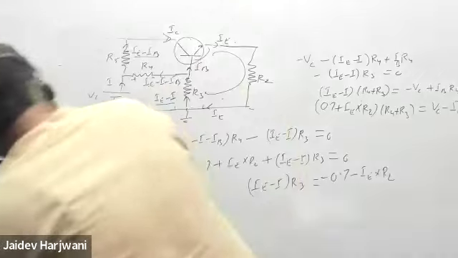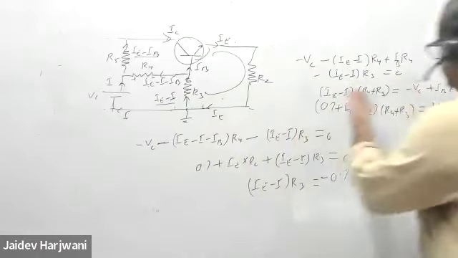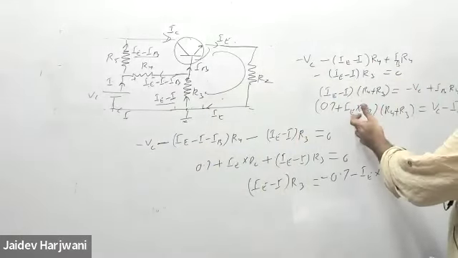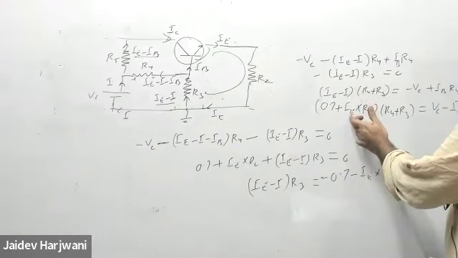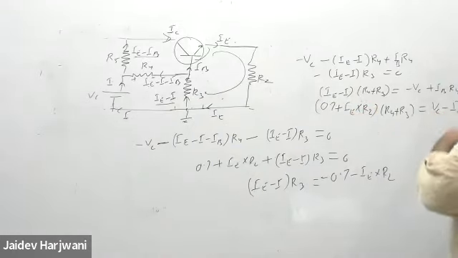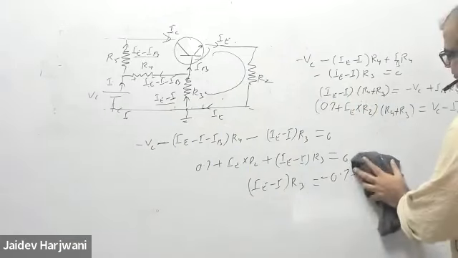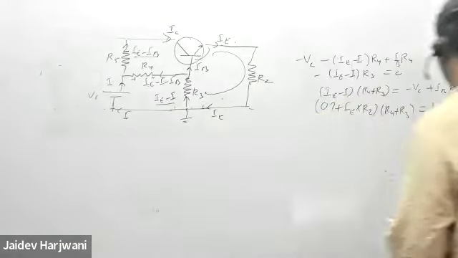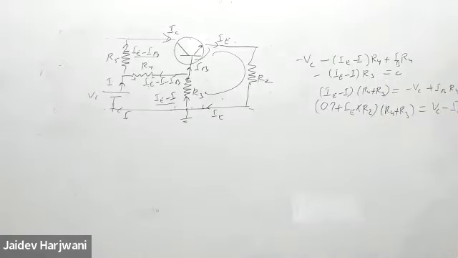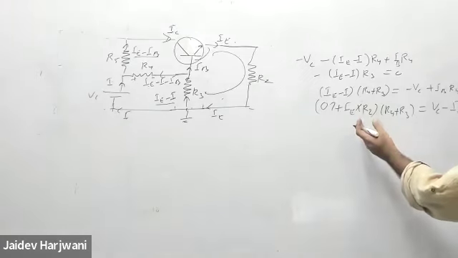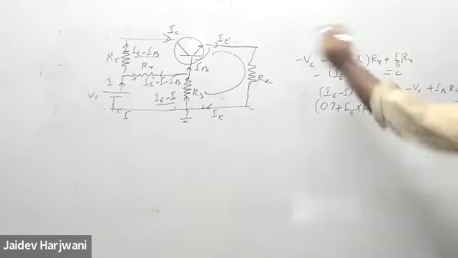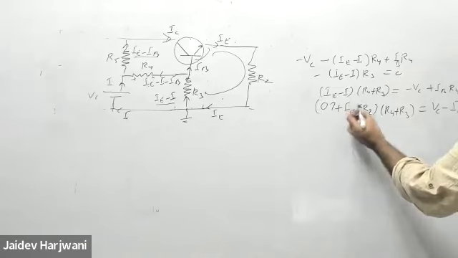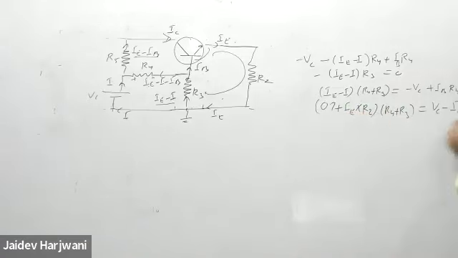Okay. Now you can do it in many ways. I have done this one. Now you can write this as beta plus 1 IB. Beta is given in the question? Yes, sir, beta is 75, sir. Beta is given 75. Okay. Now you can put here 76 into R2 IB, and you can solve this one.